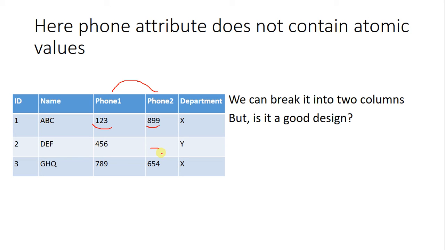And next, what if someone has three phone numbers? For that purpose you will have to add a third column, and that means there will be even more nulls in your database. So this is not a good design. Another problem with this design is that phone 1 and phone 2 have similar names.